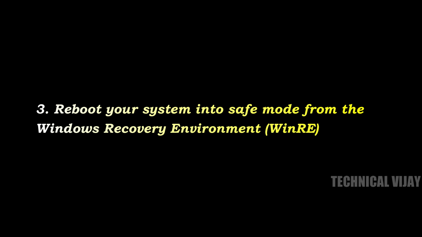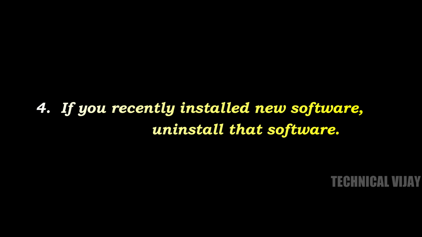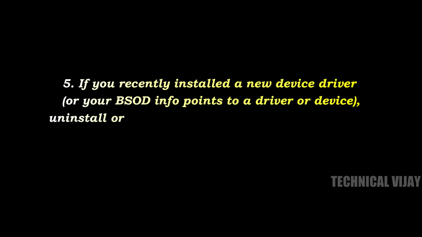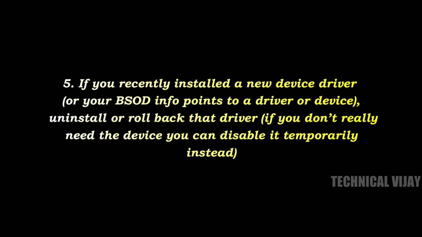Reboot your system into safe mode from the Windows recovery environment. If you recently installed new software, uninstall that software. If you recently installed a new device driver, uninstall or roll back that driver. If you don't really need the device, you can disable it temporarily instead.